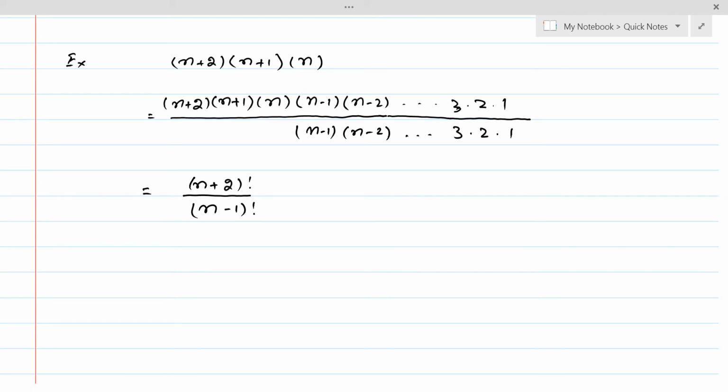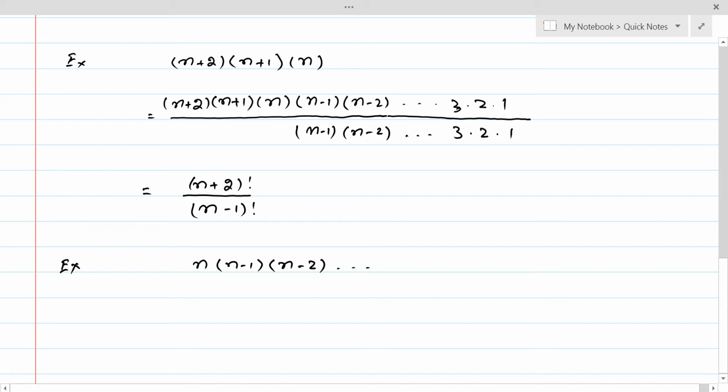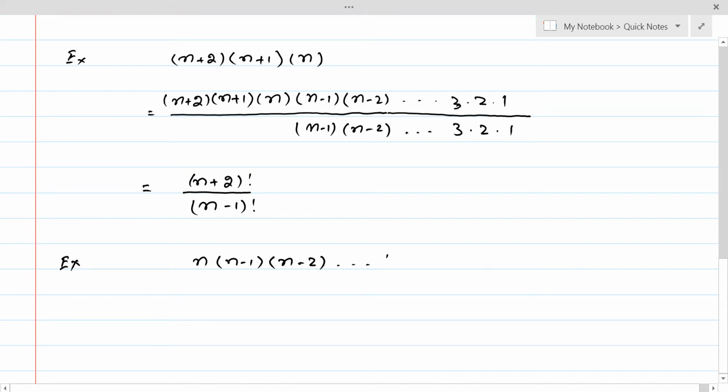If we do another example, this time the third example is n times (n minus 1) times (n minus 2), and so on up to (n minus r plus 1). We want to write it in the form of factorials.